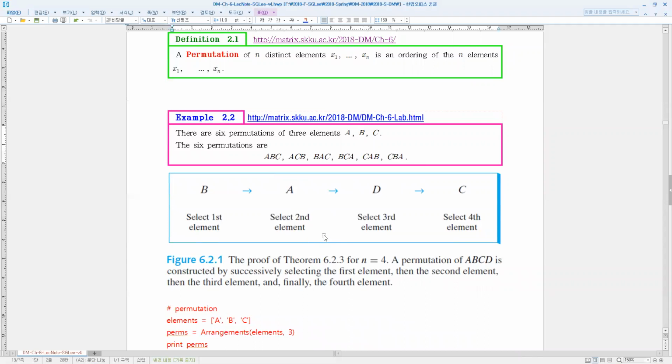For example, if we choose, we have 3 choices for the first position, then we have 2 choices for the second one, and we have only 1 choice left. So 3 times 2 times 1, we have 6. This is the listing, ordering of 3 elements, 6, which is 3 factorial.